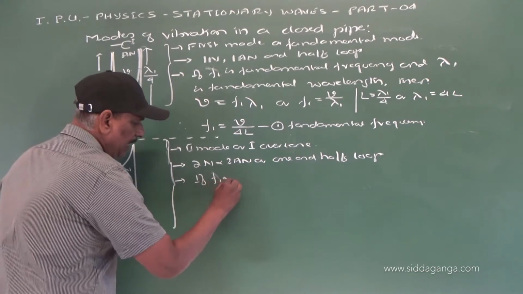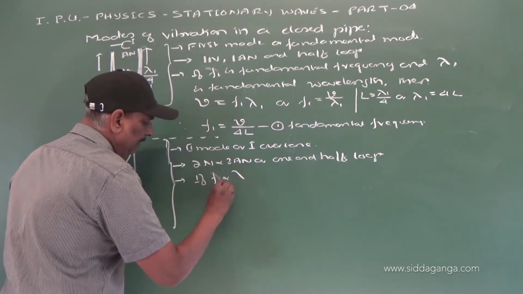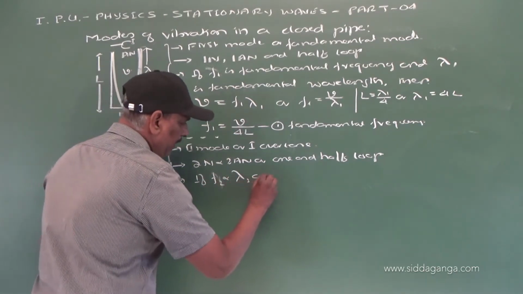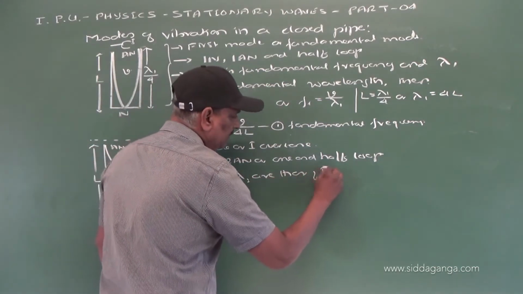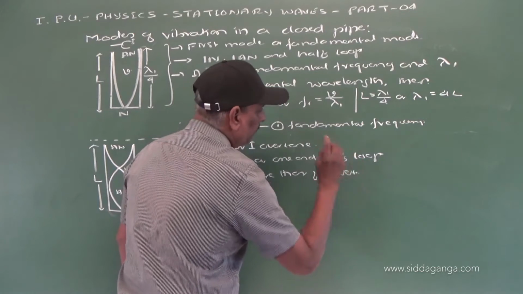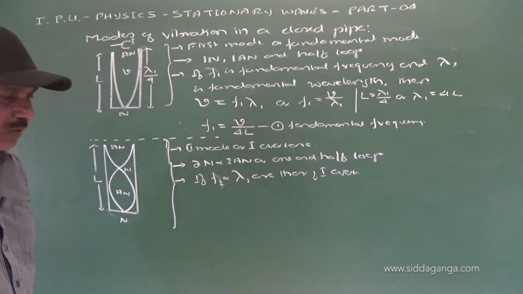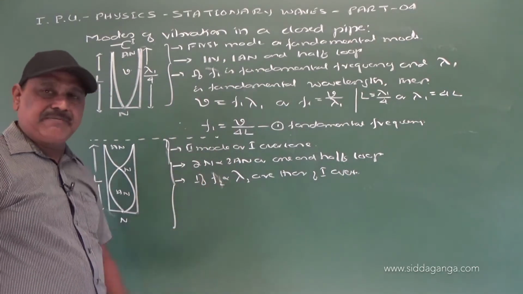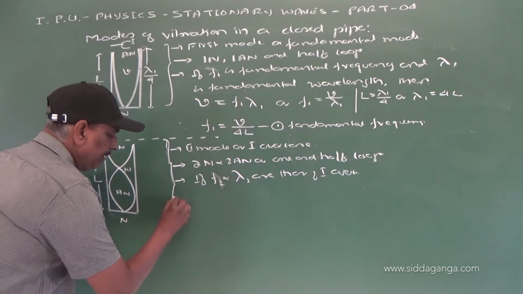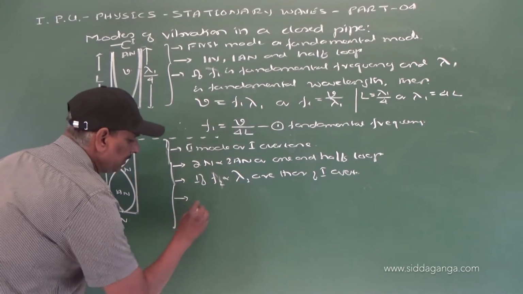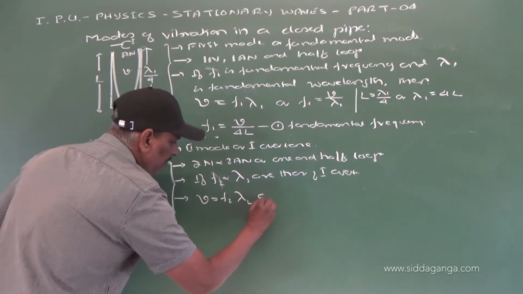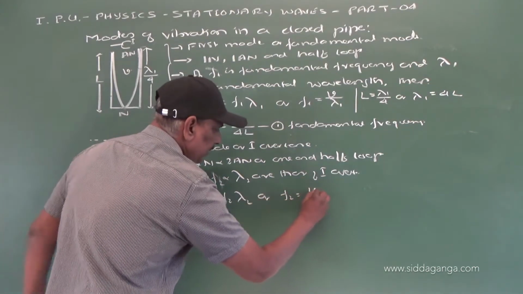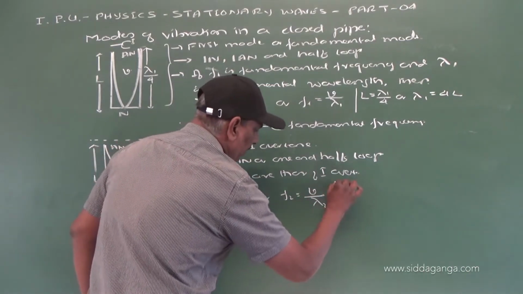Then F2 and lambda 2 are those of the first overtone, that means frequency and wavelength. Then V is equal to F2 lambda 2, or F2 is equal to V by lambda 2.